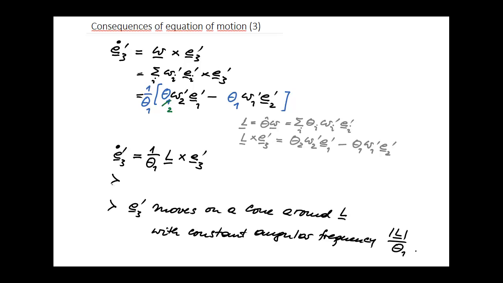Why is the projection of e3 prime onto the axis spanned by the angular momentum constant in time? The projection of e3 prime onto L, that is the scalar product of L with e3 prime. L is constant in time, angular momentum is conserved, so you can take the L in front, and you have the scalar product with e3 prime dot.